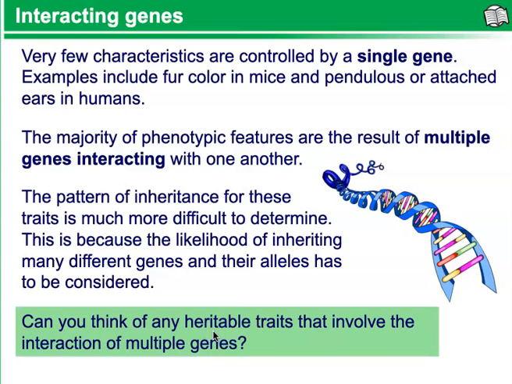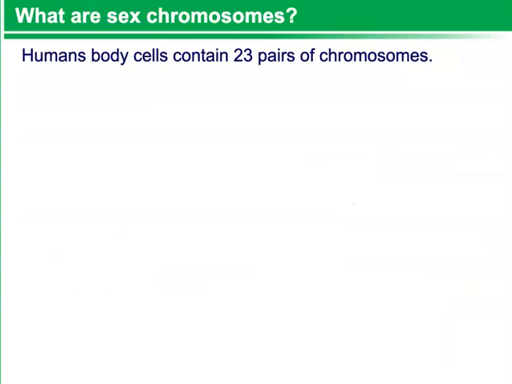Can you think of any heritable traits that involve the interaction of multiple genes? Examples of multi-gene traits include height, hair color, weight, and skin color. What are sex chromosomes?